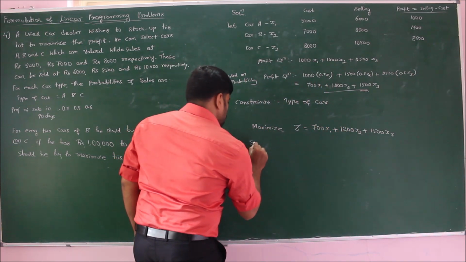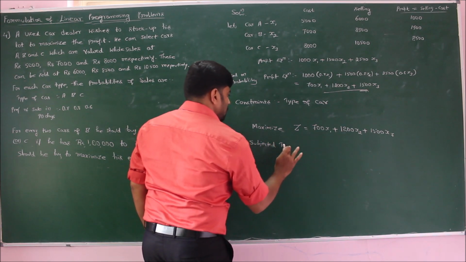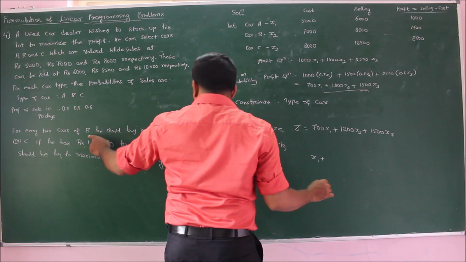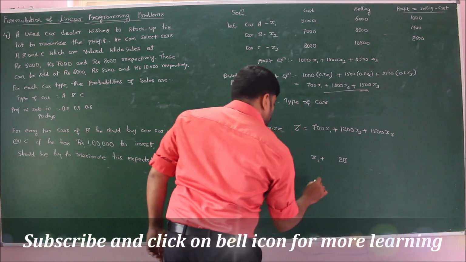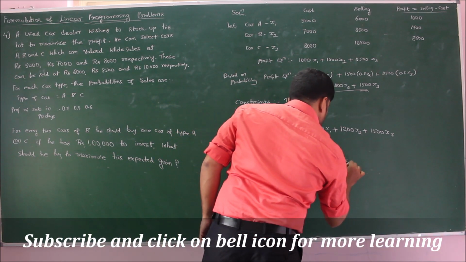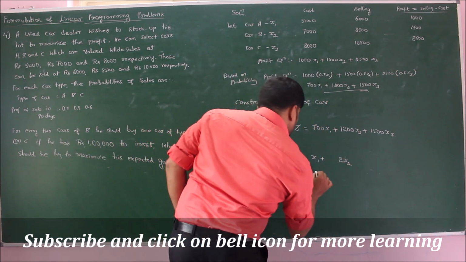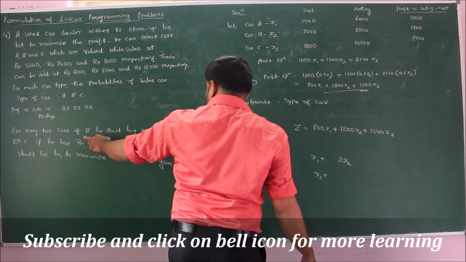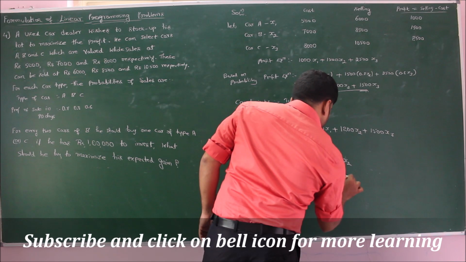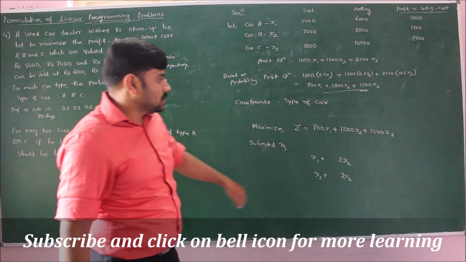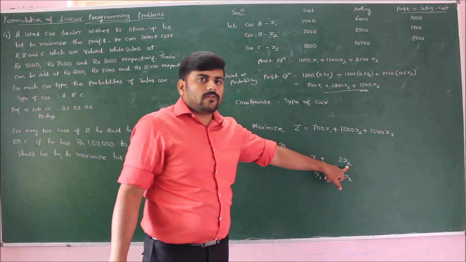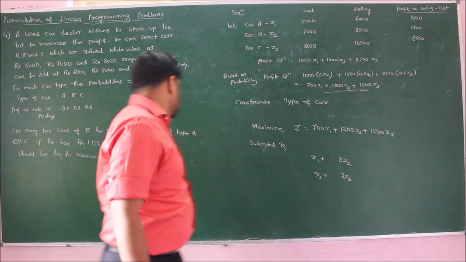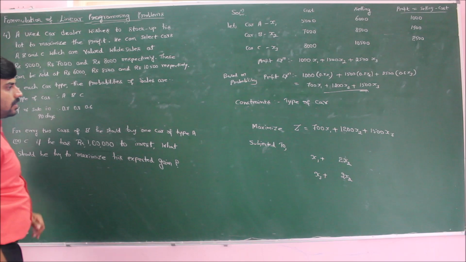Now the constraints: for every car A, that is x1, he should buy 2 cars of B, which is x2, or for every car C, that is x3, he will buy 2 cars of B. So for every 2 cars of B, he should buy 1 car of A or C.